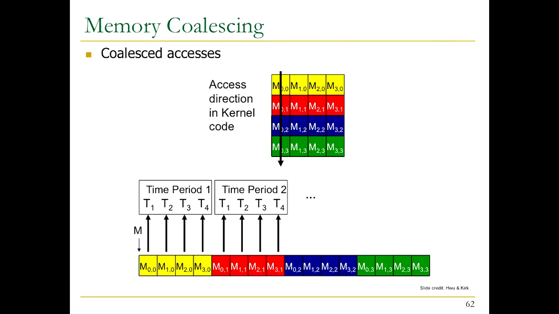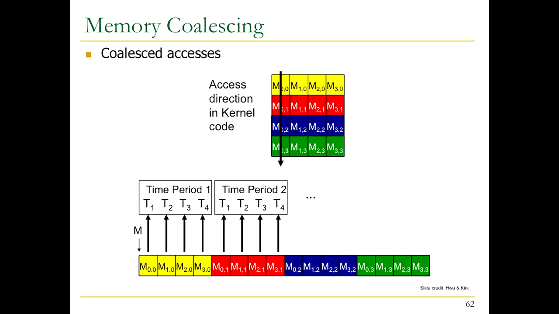So for coalesced accesses, on top of the slide, you have one matrix, and as you know, this matrix is in a row major layout, so it's stored row after row. If each thread is assigned 1 column of the matrix, and they are going to access yellow, red, blue elements in the successive iterations, we will have threads 1 to 4 accessing 4 elements that are consecutive.